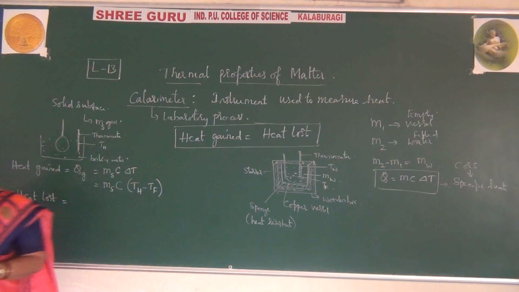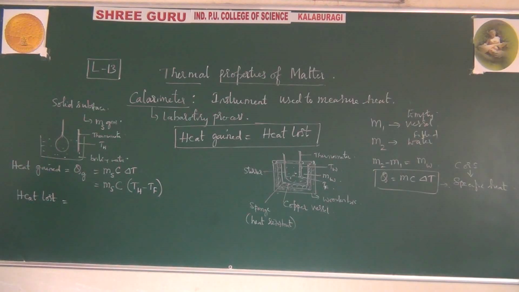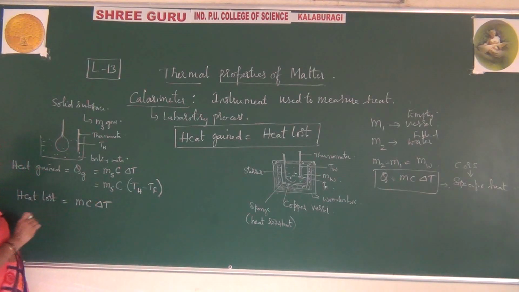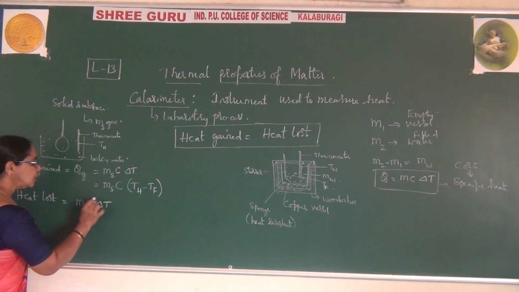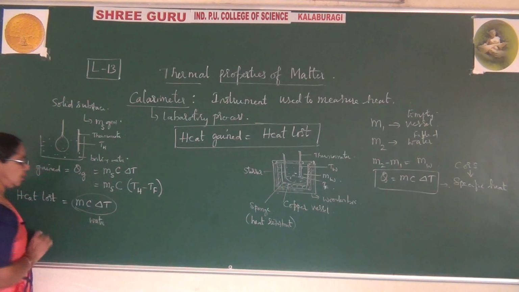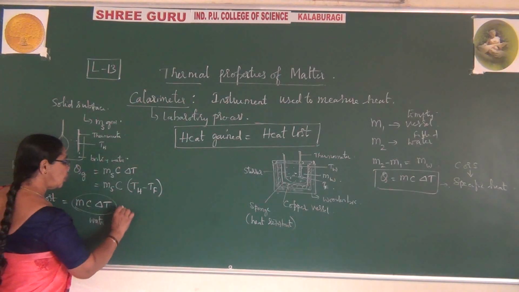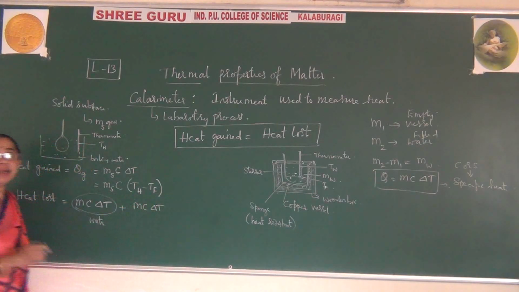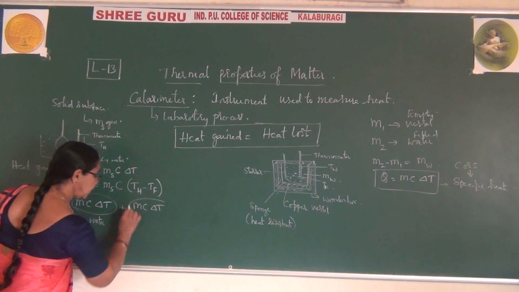At that time, I write two terms. One is mcΔT, this is for water. And next, one more mcΔT, this is for the calorimeter.